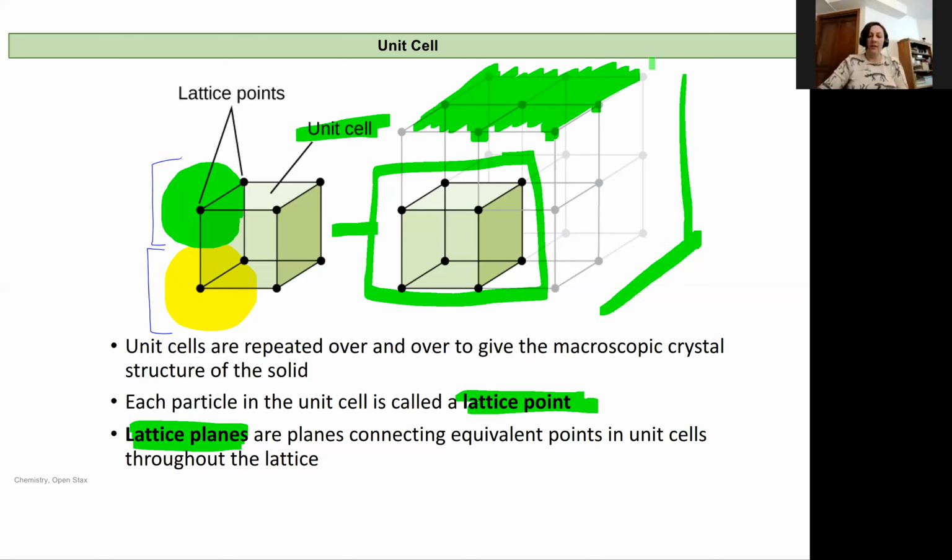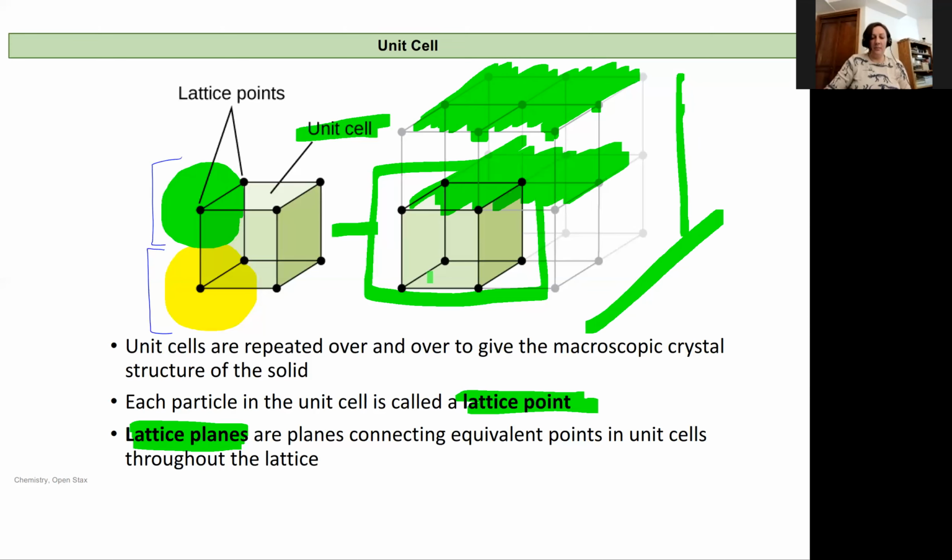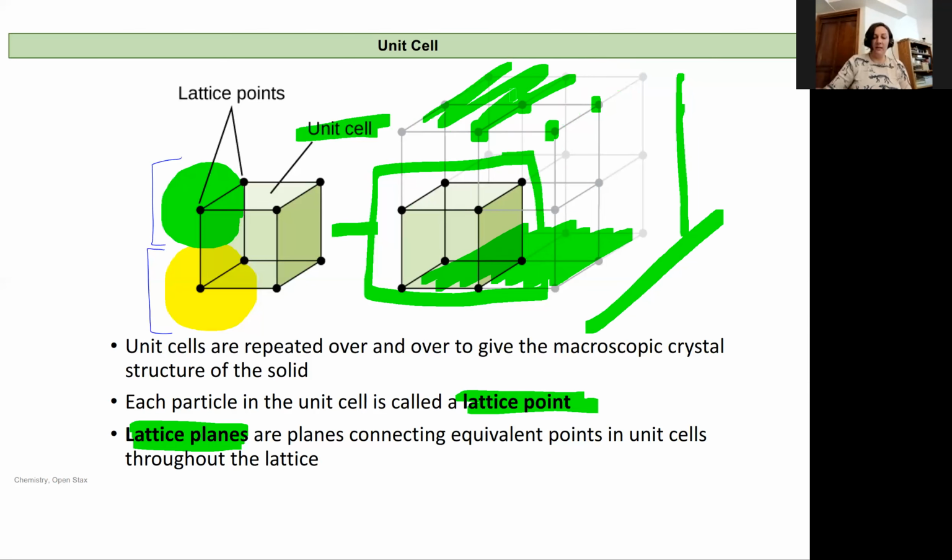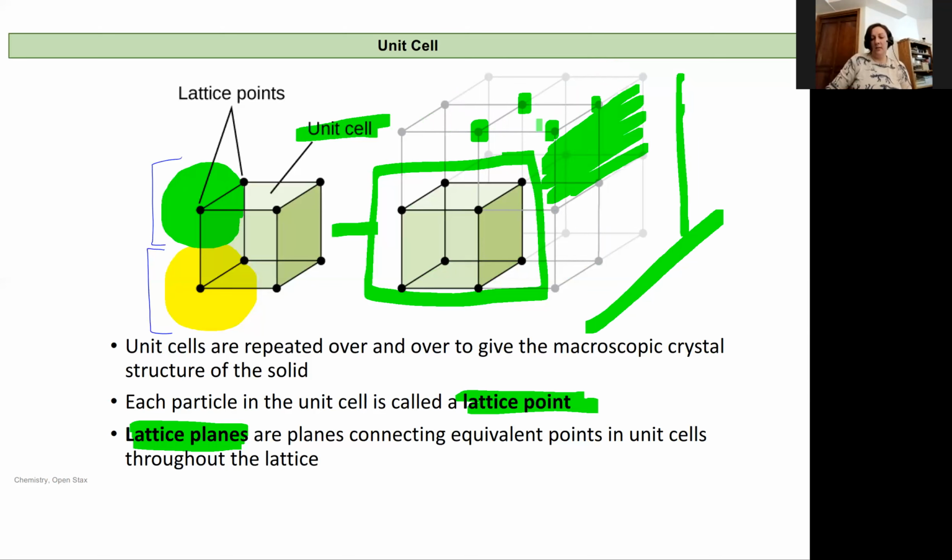Within this larger piece shown on the right, we can see we have a lattice plane here, and then another plane in the middle and another plane on the bottom. You could also think of these planes as being on the sides here: a lattice plane, another in the middle, and another at the end here.